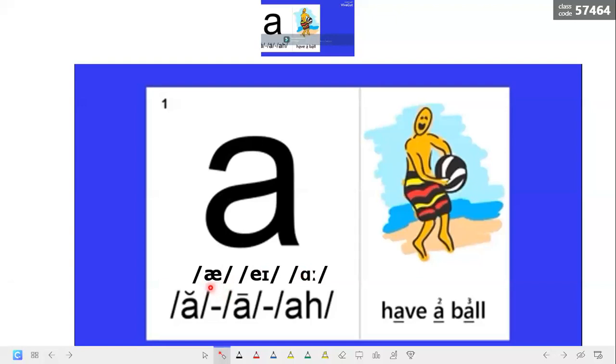pronunciation. It's a, like have. And a here, number two, it is a. And a, it is number three here, as in ball.